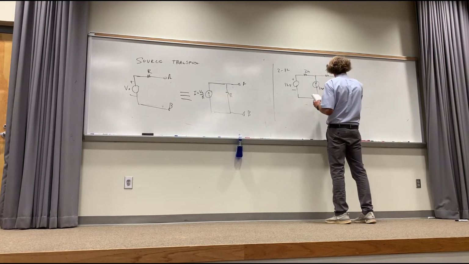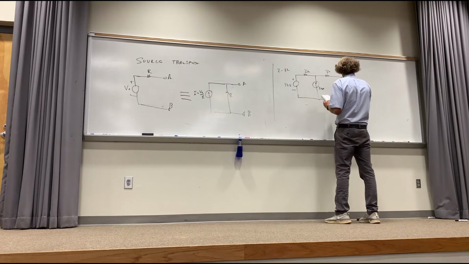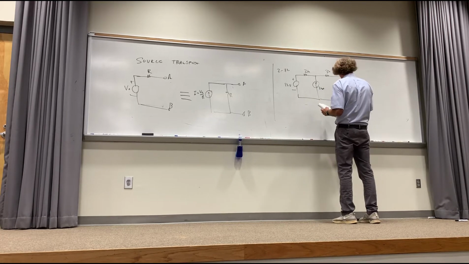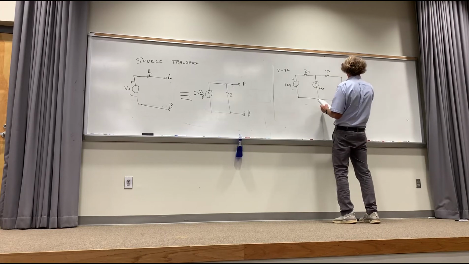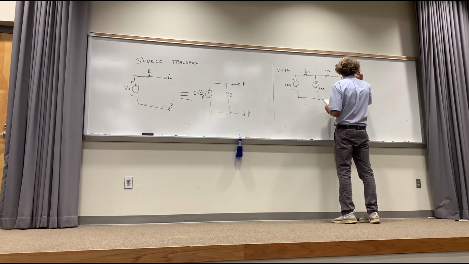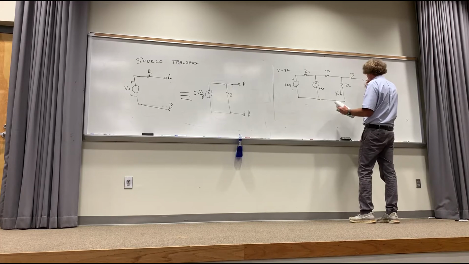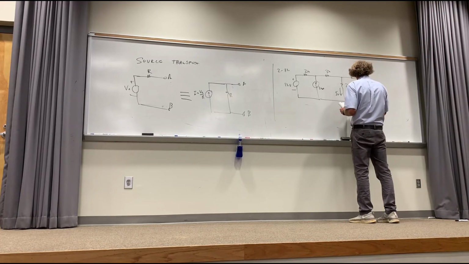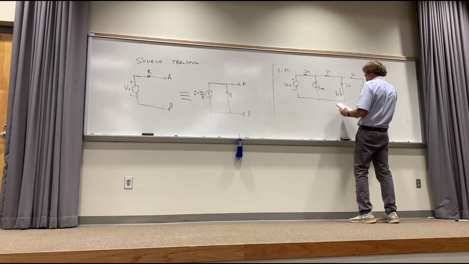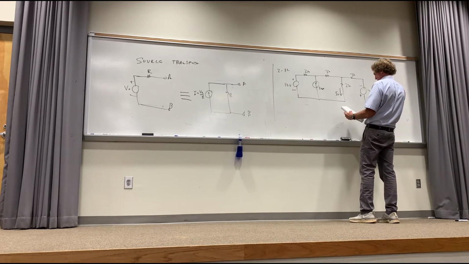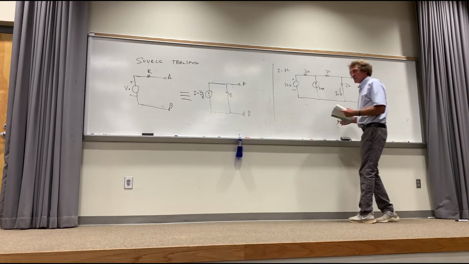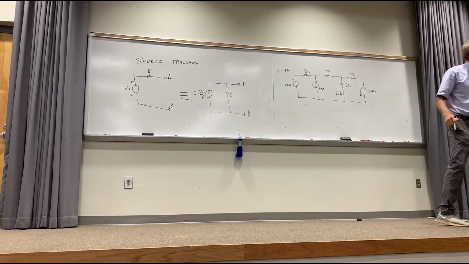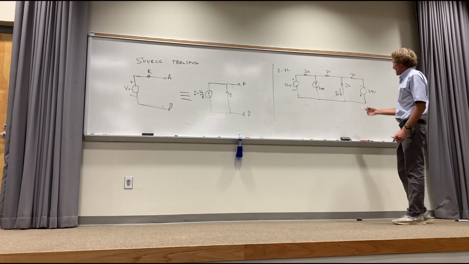I have 2K. I naught is what I want. Then I have 3K. And I have minus to plus 24 volts. This is 24 volts. And I'm going to use superposition to calculate I naught.